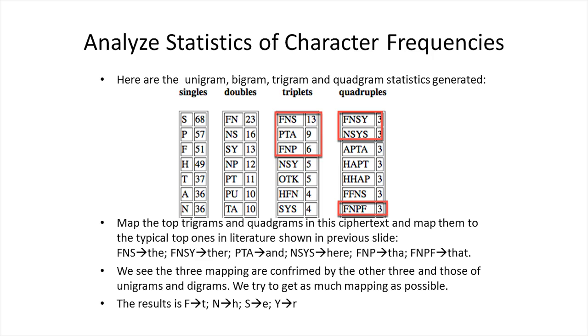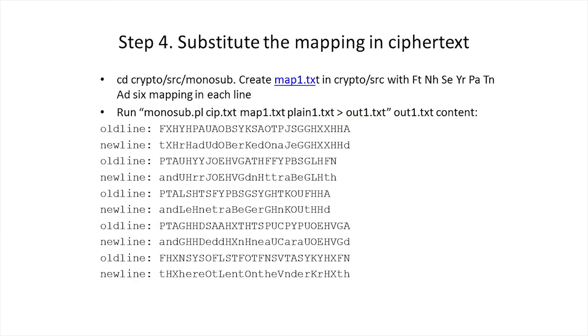We see the first 3 mappings can be confirmed by the other 3 and by the unigram and digram statistics. We try then to get as many mappings as possible as a strategy, and the result is the following mapping: F mapped to T, N to H, S to E, Y to R, P to A, T to N, and A to D. Armed with that character mapping, we now can proceed with step 4.